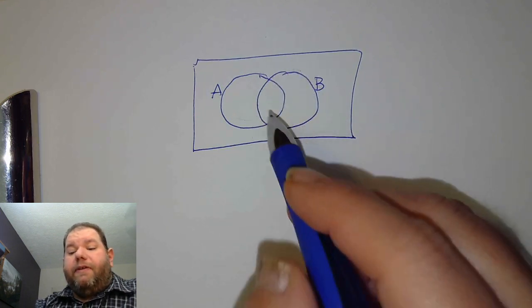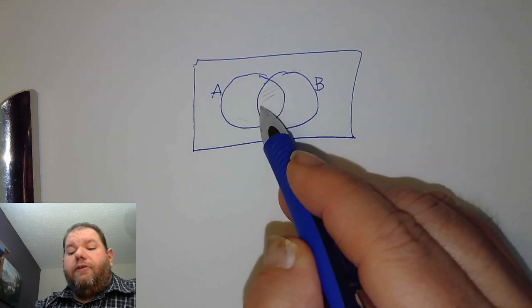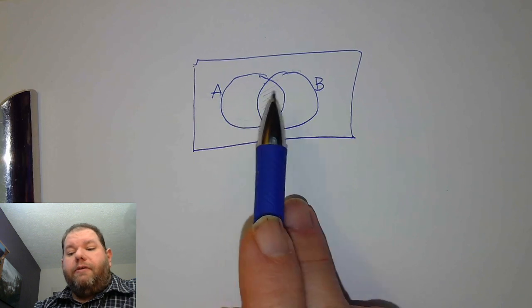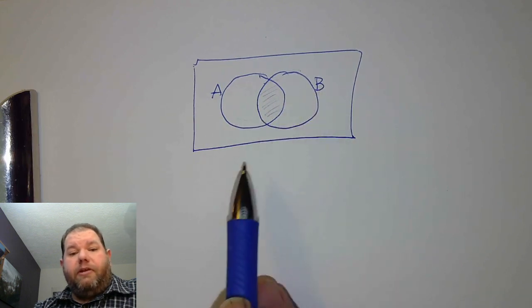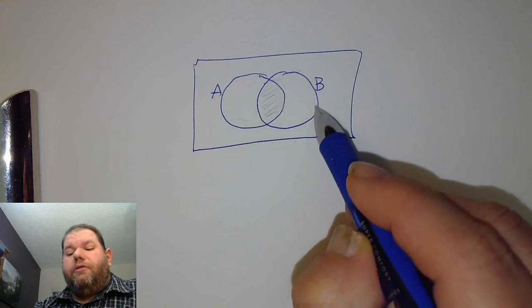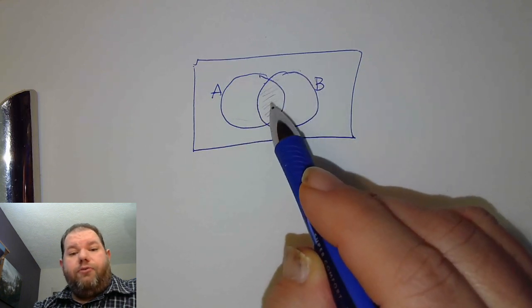Now everything that falls inside this middle region was counted as part of A, and it was also counted as part of B. So when we add these two together, we count this region twice.